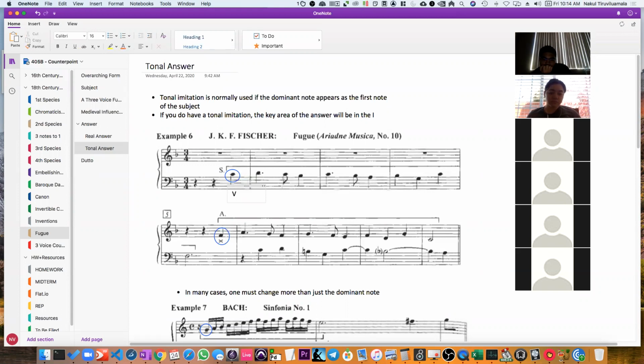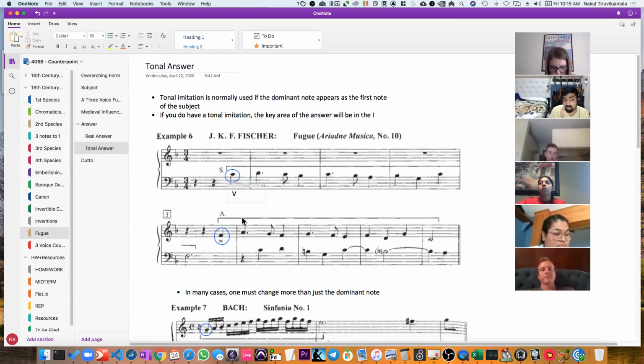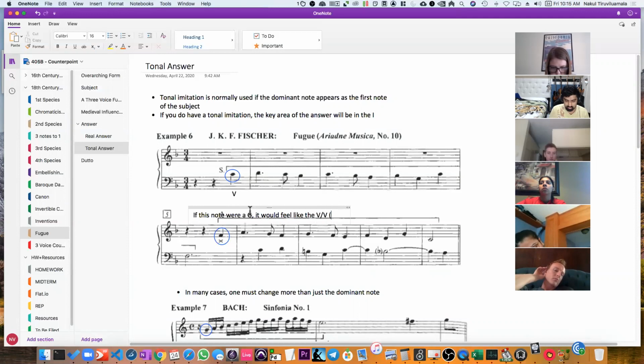This is really the crux of this. If this note were a G, it would feel like the 5 of 5, or supertonic.